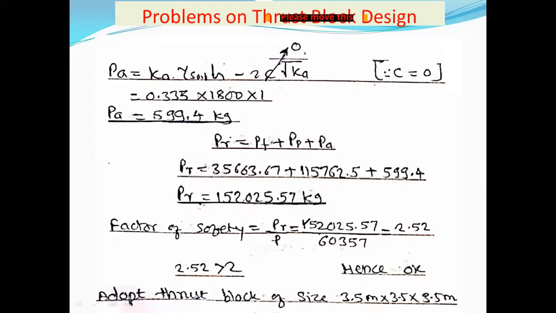Now check whether the factor of safety is coming greater than 2. The factor of safety जो आहे तो greater than 2 येतोय का चेक करा by dividing this PR by P, जो आपण P सुरुवातीला कॅल्क्युलेट केलेला आहे.